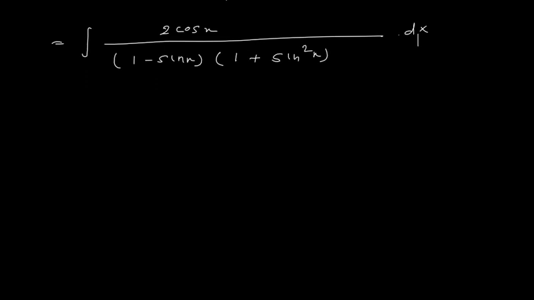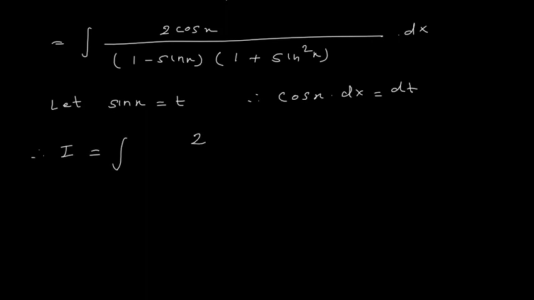So let us put sin x as t. So therefore cos x into dx will become dt. Therefore our integration will be the integration of 2 divided by 1 minus t into 1 plus t square into dt.